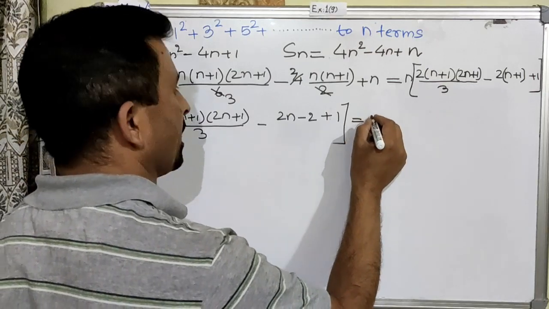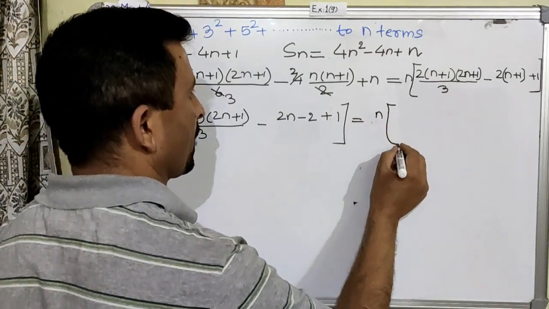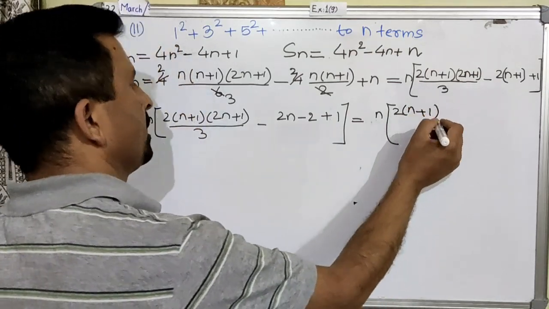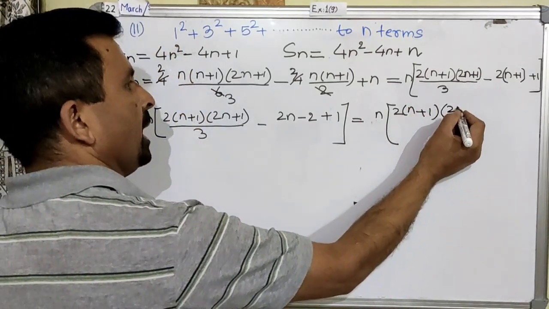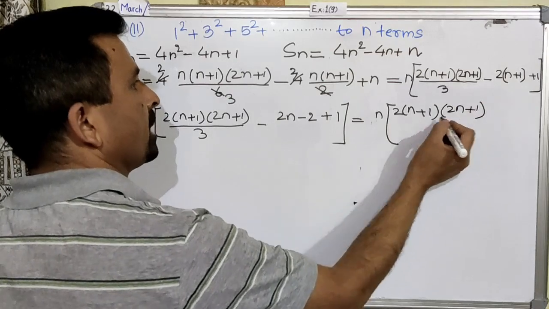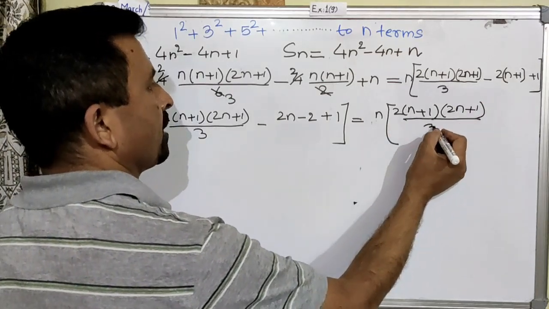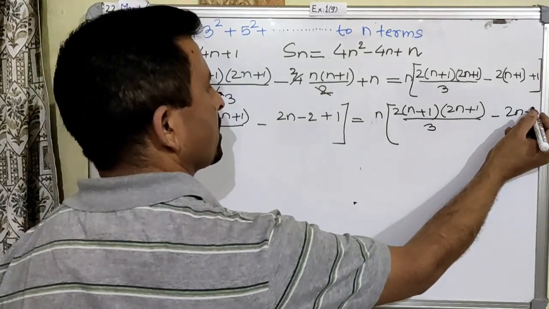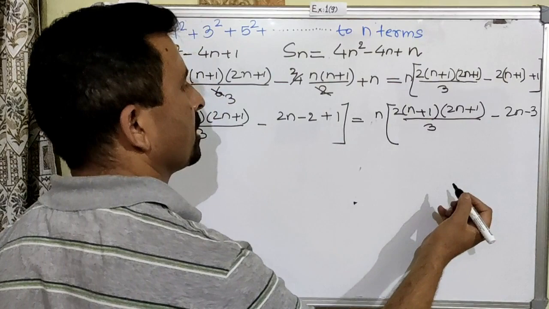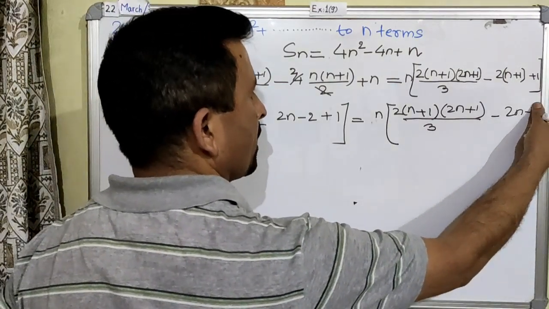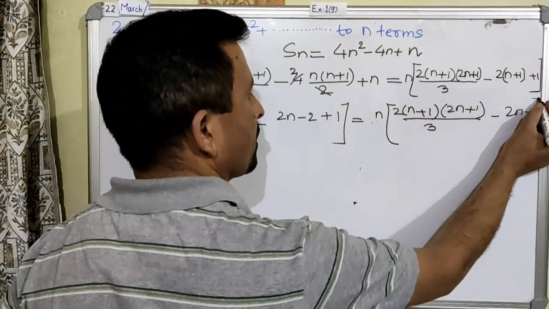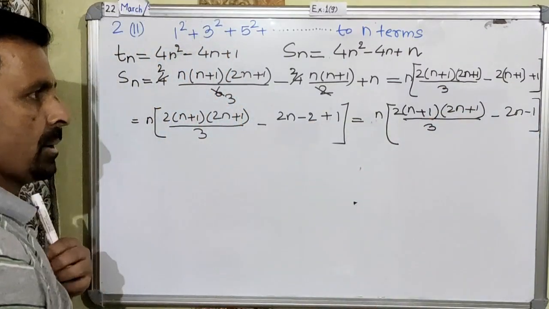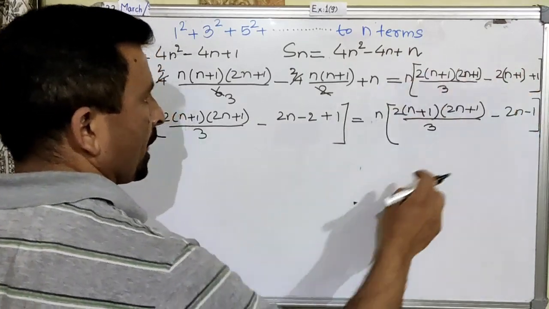So the next step we will have is n into 2(n + 1)(2n + 1) divided by 3, and this becomes minus 2n minus 1. Sorry, 2n minus 1. This is because minus 2 plus 1 is minus 1. Now let us simplify.